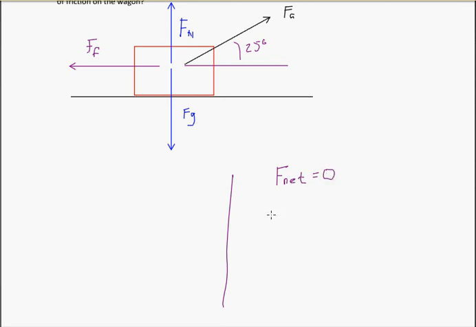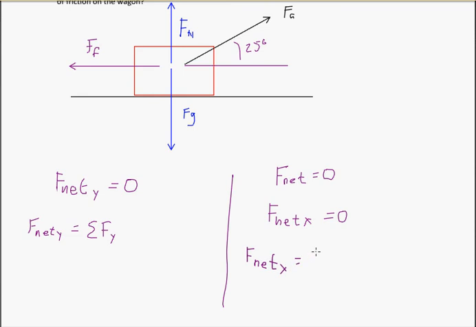And the important thing to realize now is that F net x equals 0 and our F net y equals 0, and that can be in newtons. So F net y is the sum of all of our forces in the y, and F net x is the sum of all of our forces in the x.